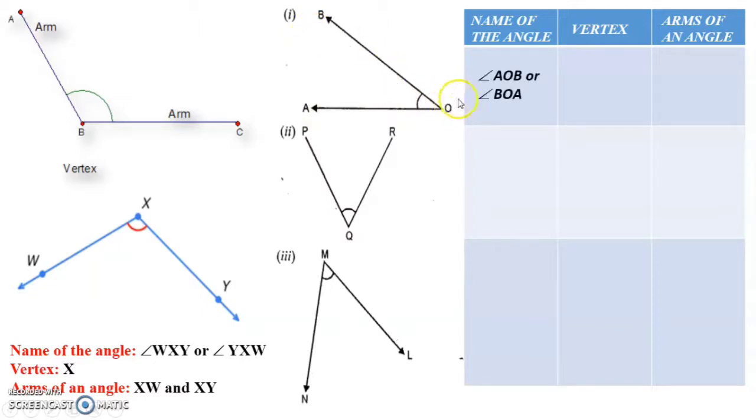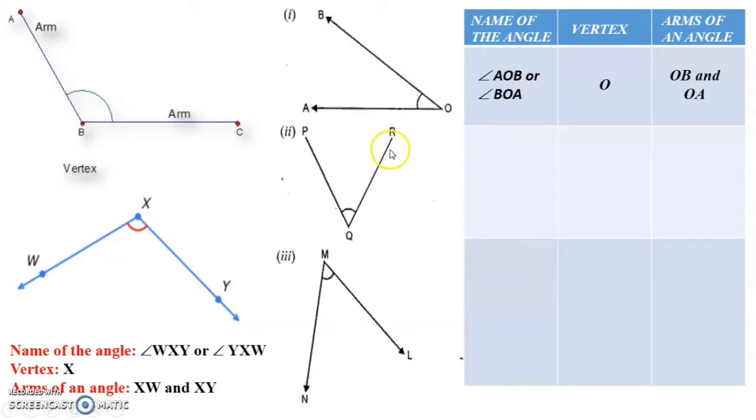And the center point or the vertex is point O, which connects the two lines. So its vertex is O. And from the point O, we have two lines, or say two arms, which we can name as OA and OB. These are called the arms of an angle.